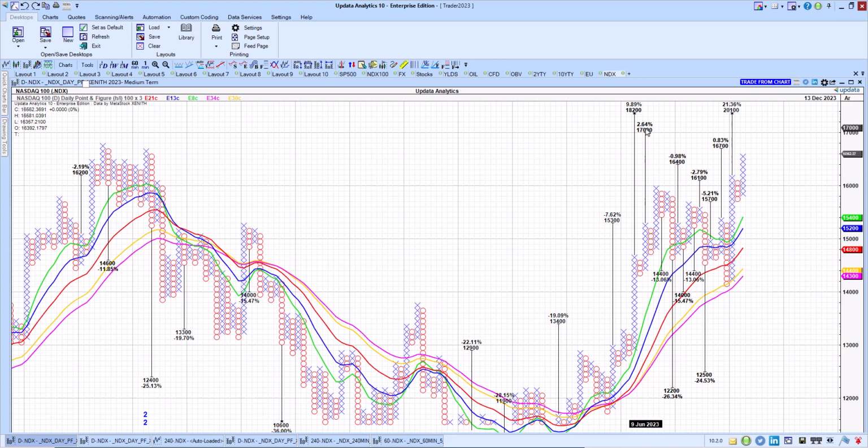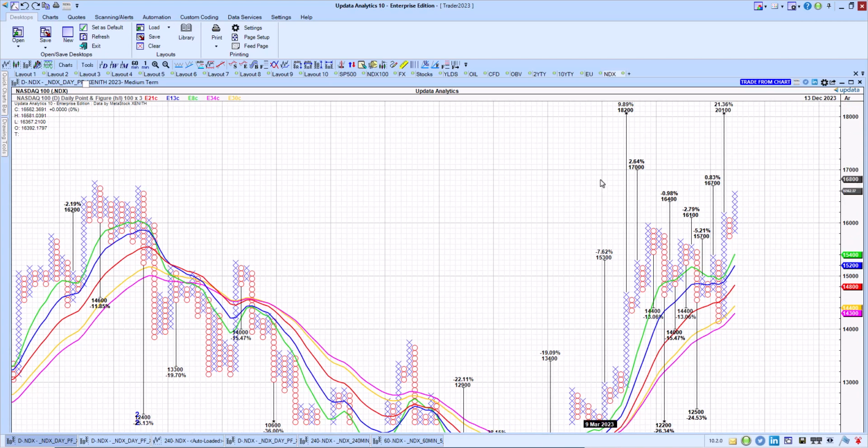We then should see some form of a consolidation, but we can look at this move and project it from this low to the upside, and that might just bring us back up to just under the 18,000. 18,200 would be the next upside target from that zone.